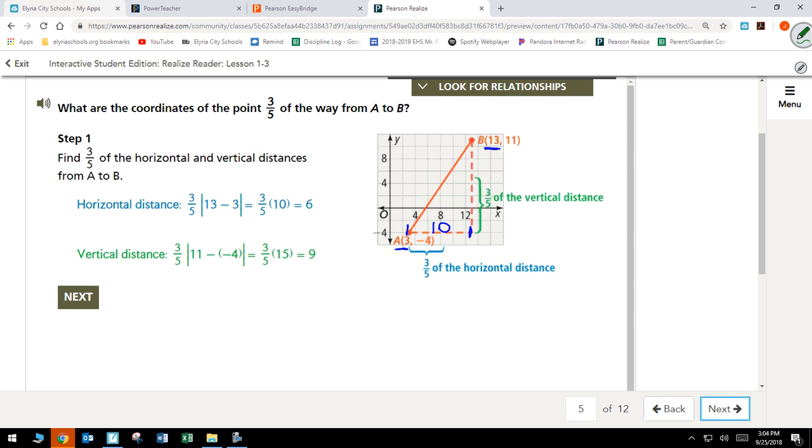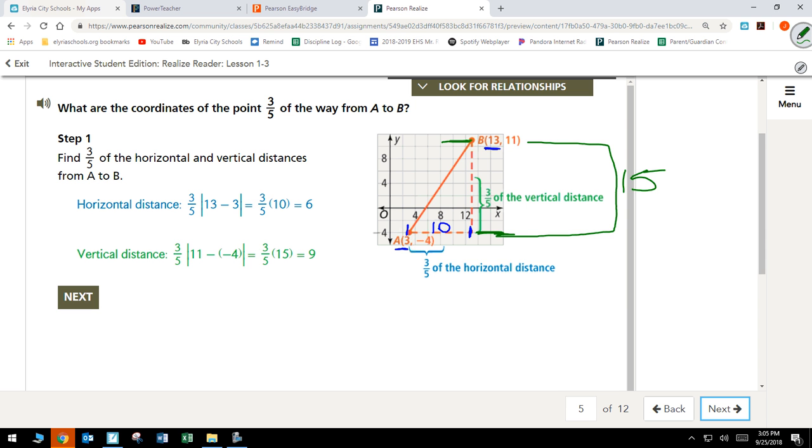Same for the y's. I have to find out how far I've gone up. Well, if I start down here at -4 and I end up here at 11, that means I've gone up first 4 units to hit 0, and then 11 more units. So the total distance I've traveled in the y direction would be 15 units.